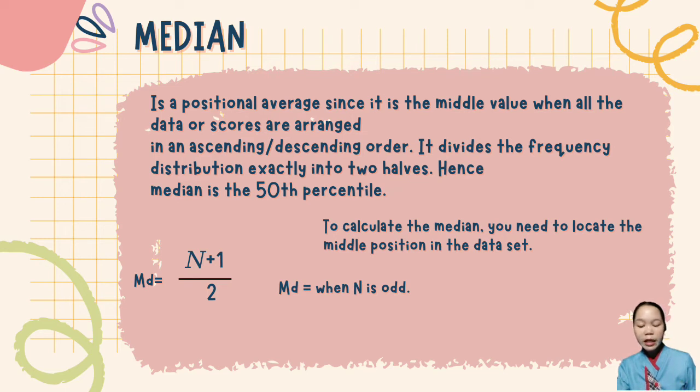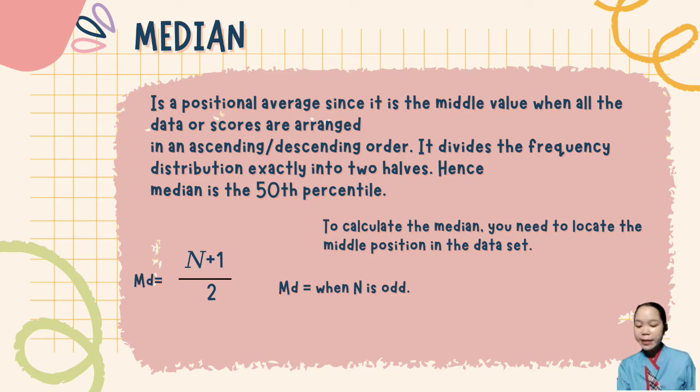We really need to organize and order the data first, and to find the midpoint value, we need to divide the number of observations by 2. To calculate the median, you need to locate the middle position in the data set. And here is the formula of median. Median is equal to n plus 1 divided by 2.